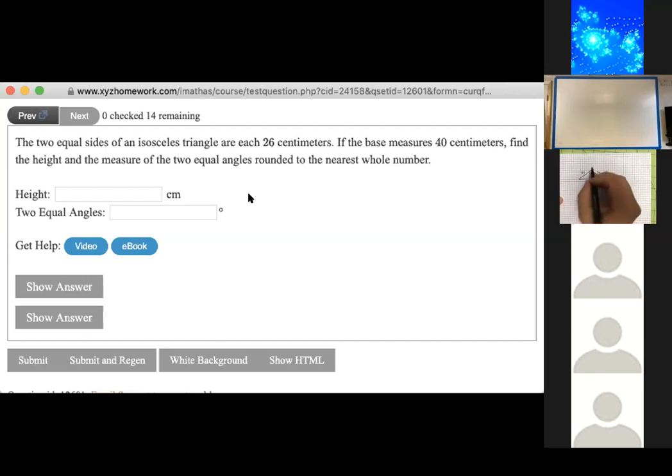They want the height, and they want the measure of this angle, which is the measure of that angle. They're talking centimeters, and we're talking to the nearest whole number.